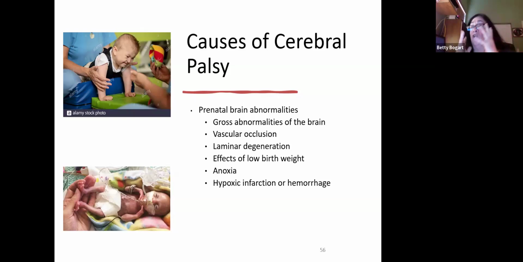Those brains are so fragile and their vessels are so fragile that they get multitudes of intraventricular hemorrhages, which causes delays in many children and can cause cerebral palsy due to low birth weight or due to a hypoxic anoxic episode. That's where I've seen a lot of cerebral palsy that maybe they wouldn't have had at that point. It's that hypoxic anoxic episode, and it could be combined with that low birth weight.